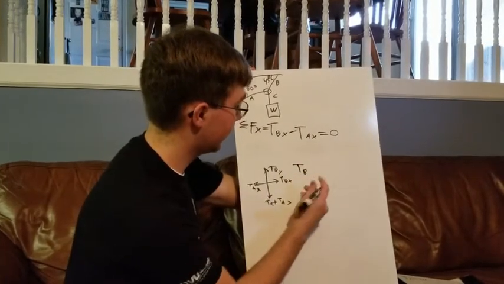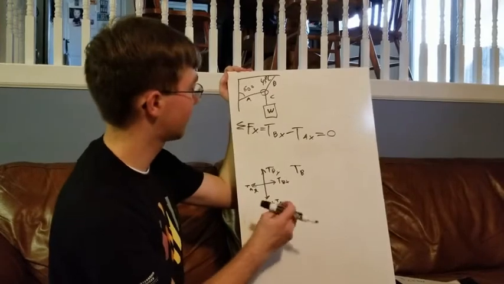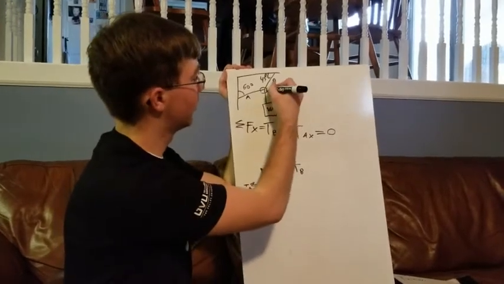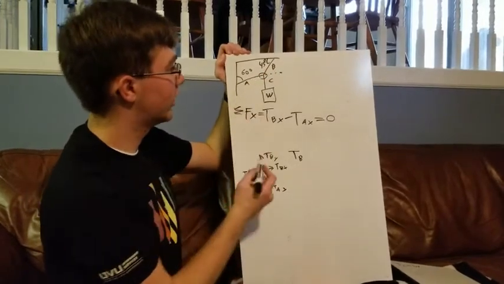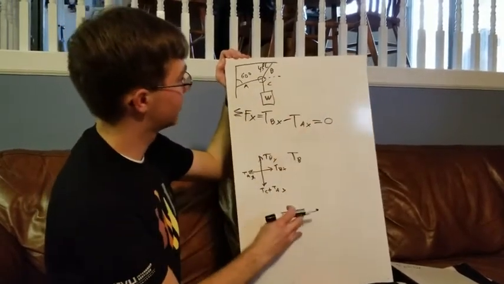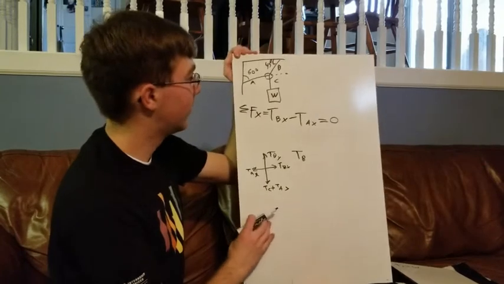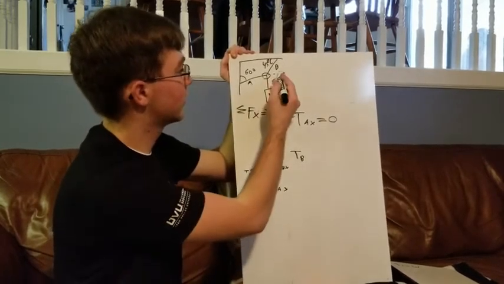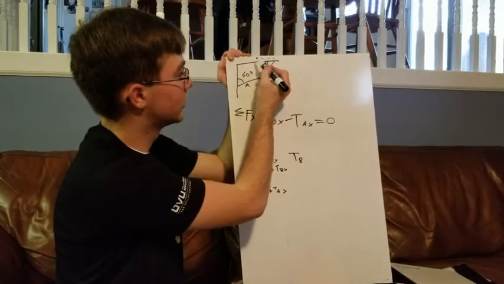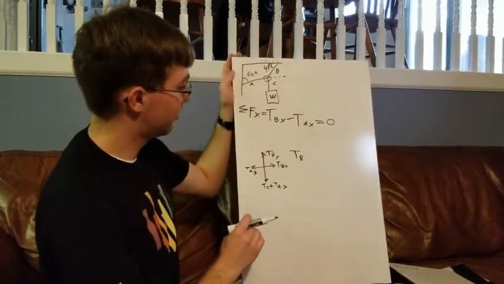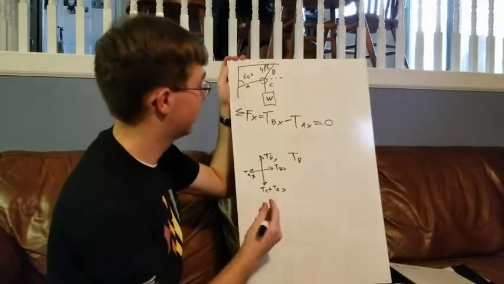Tension B in the x direction equals tension B. I know 45 degrees, my theta B, and this is my adjacent side of the triangle. So I will be using cosine.